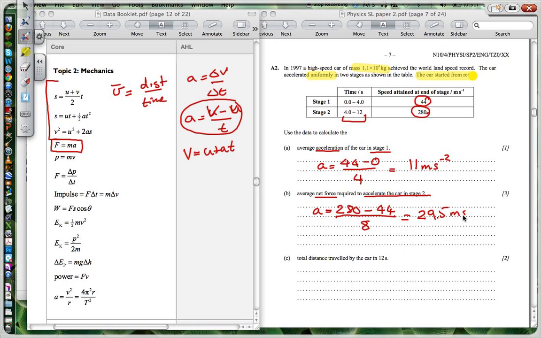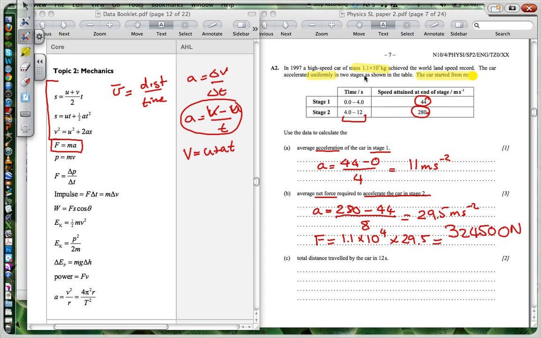29.5 meters per second to the minus 2, and your force is equal to mass times acceleration, so it's 1.1 times 10 to the 4 times the 29.5. So I multiply that by 1.1 times 10 to the power of 4, and I get this value over here, 324,500 newtons.